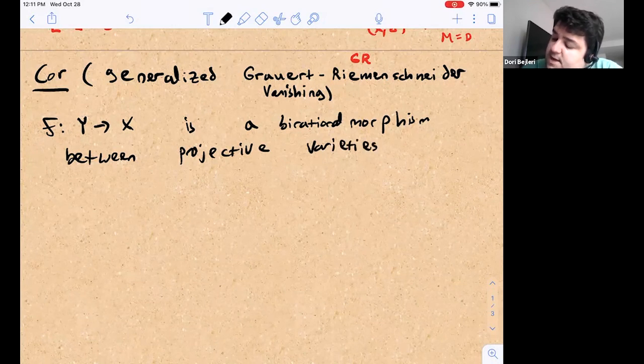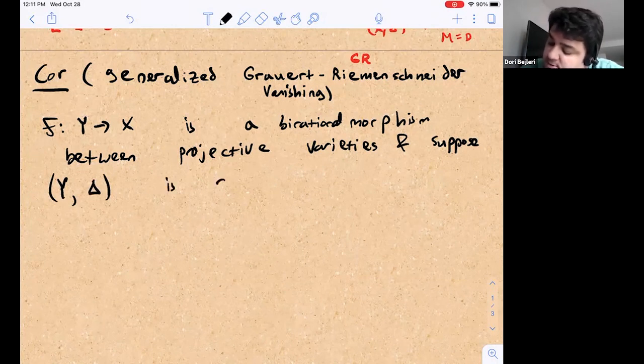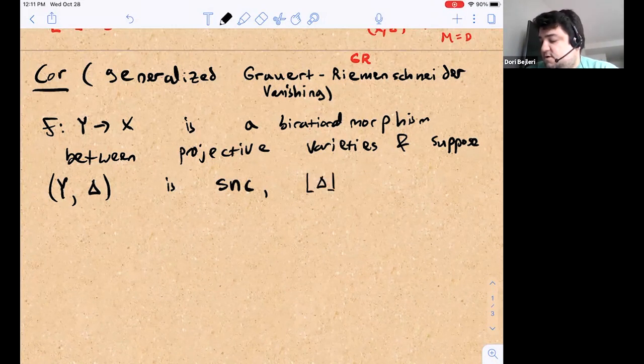And let's suppose that Y is smooth. And actually, let's equip Y with a divisor. So let's suppose that we have a divisor delta, so that (Y, delta) is SNC. So Y is smooth and delta is SNC, and with this KLT condition that the round down of delta is 0 and delta is effective.